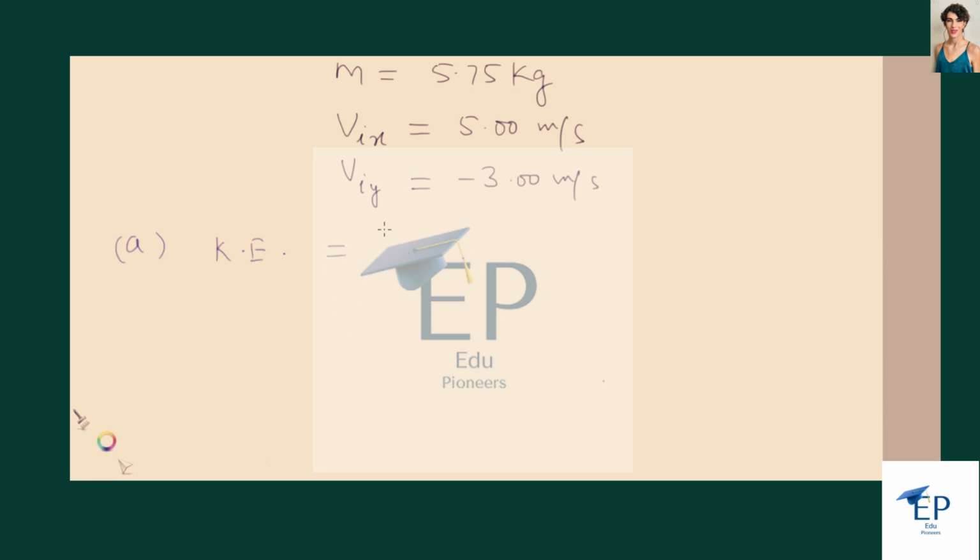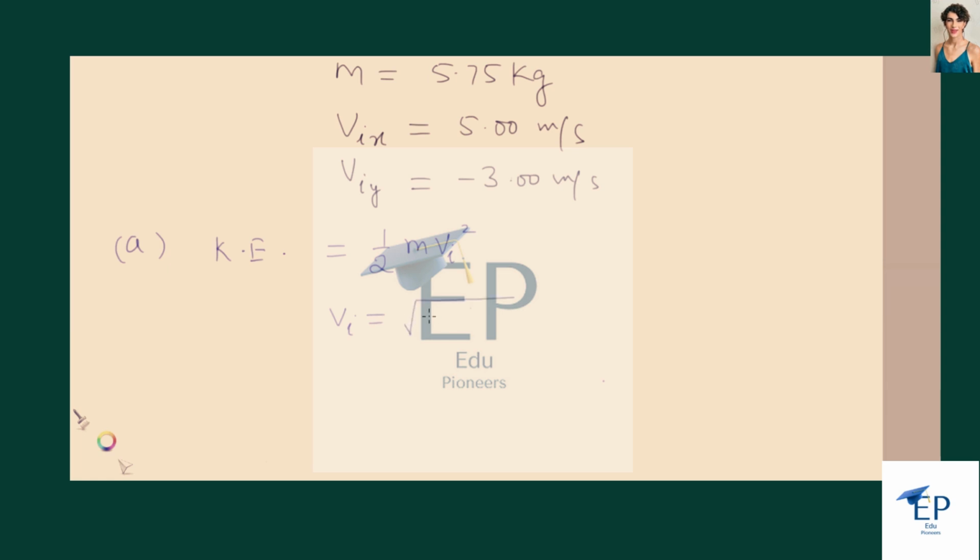That is given by the expression half m Vi square, where Vi is the magnitude of velocity, or we can say the speed at the origin. That is found using vector addition.